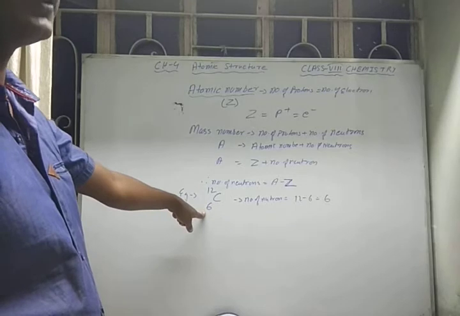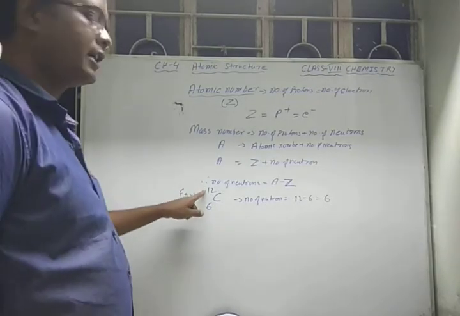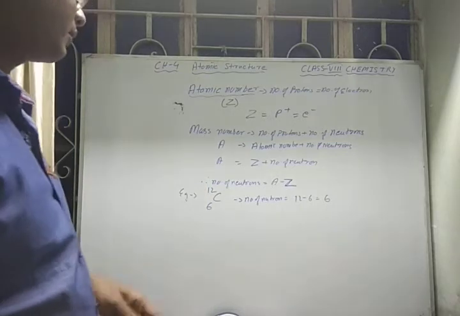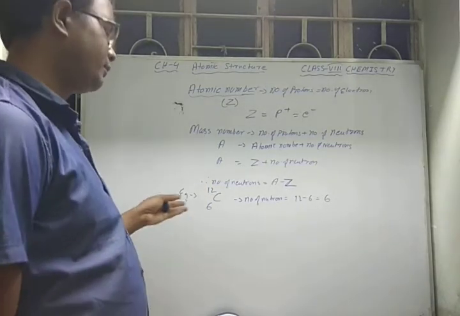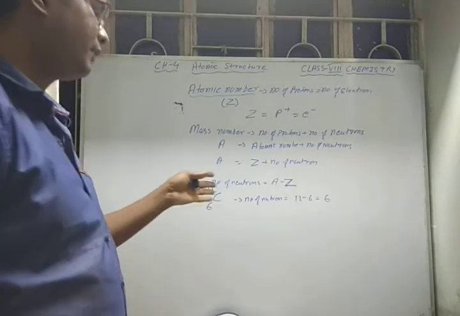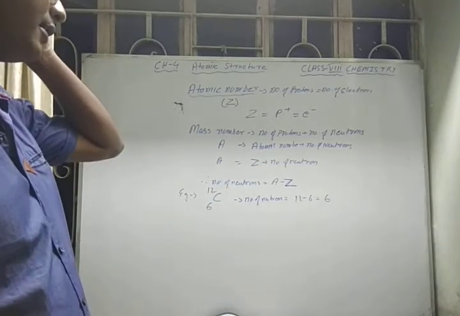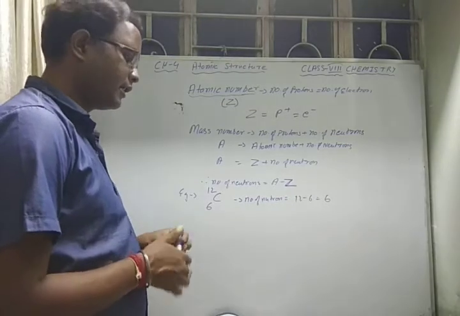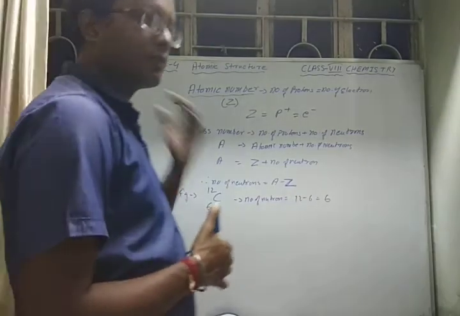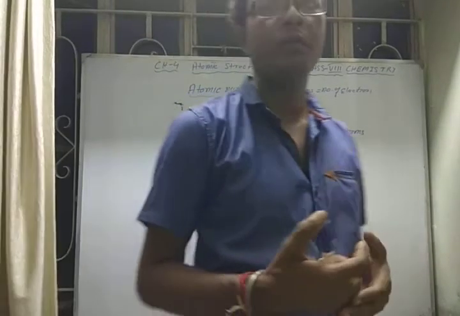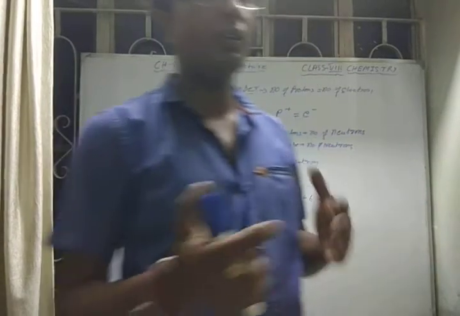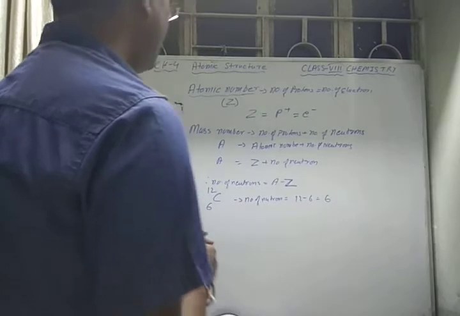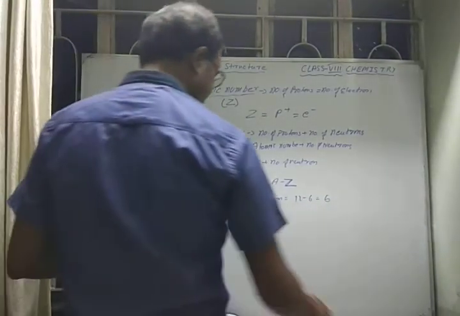The lower left side represents the atomic number, and the upper left side represents the mass number. This number of neutrons, as we have seen, is about equal to or more than the number of protons, but not less than that. So this is the atomic number and the mass number.